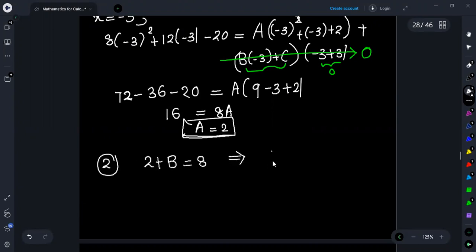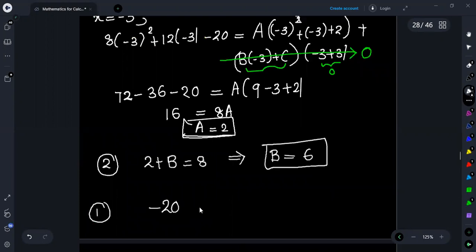This provides b is equal to 6. And in equation number 1, we have obtained minus 20 is equal to 2 times a, so 2 times 2, 4, plus 3c. So this provides c is equal to minus 8.